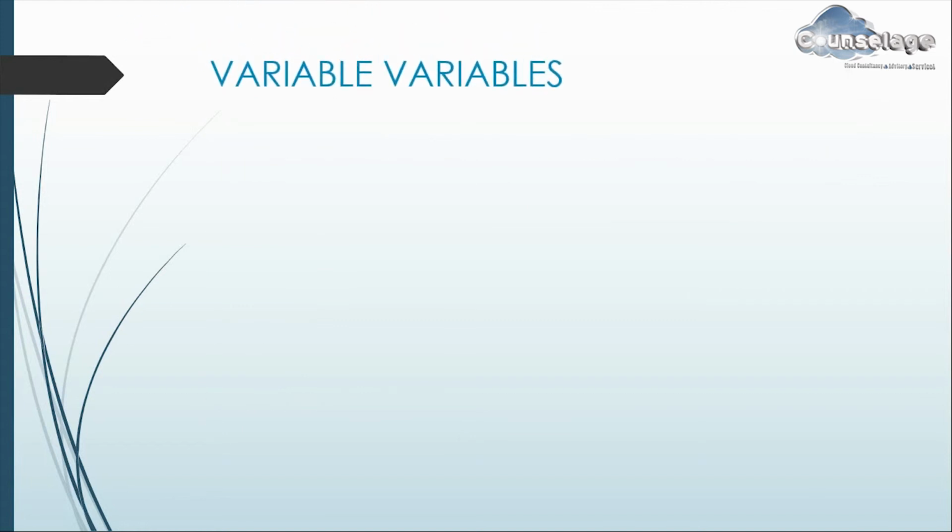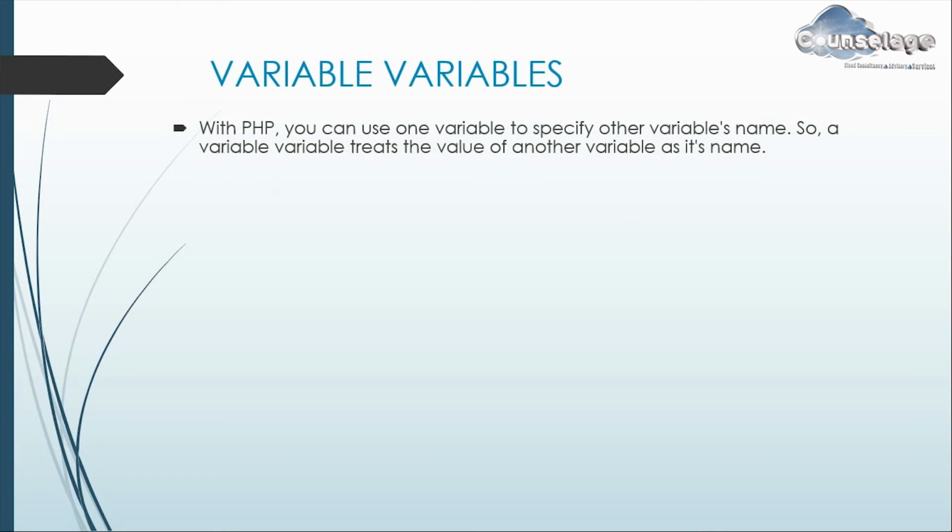Now comes variable variables. With PHP, you can use one variable to specify another variable's name. So, a variable can treat the value of another variable as its name, as shown below.